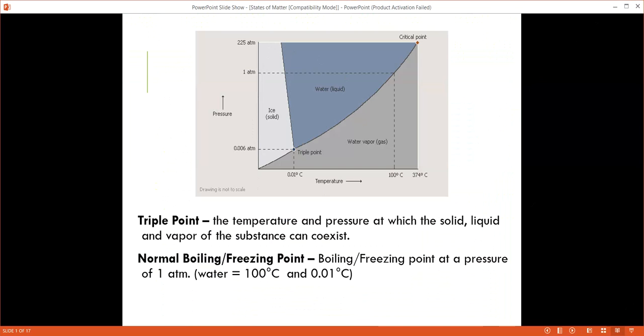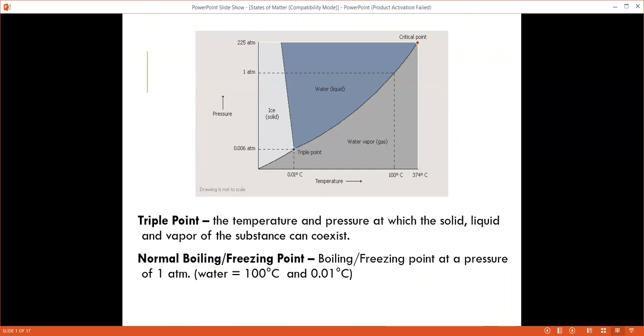And at that pressure and temperature, that substance can exist in all three states of matter. Okay, so this phase diagram is the phase diagram for water. So the triple point on this phase diagram is the temperature and pressure that ice can coexist with liquid water as well as water vapor.